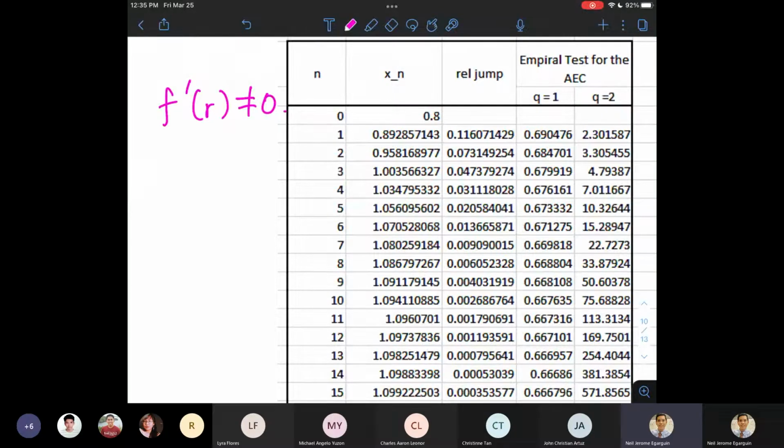This is the condition in almost all of our theorems on Newton-Raphson. The derivative of f should not be 0 at the root r. But obviously, 1.1 is a root of multiplicity 3, so f prime of 1.1 will be equal to 0. So we cannot rely on the theoretical results we had in module number 3, I think, because they only work when the derivative is not equal to 0. Right?